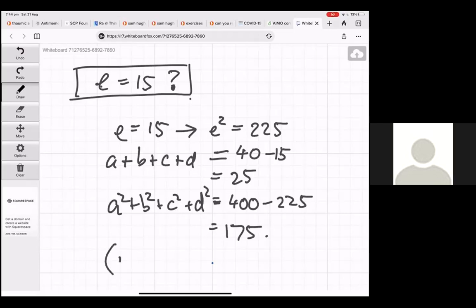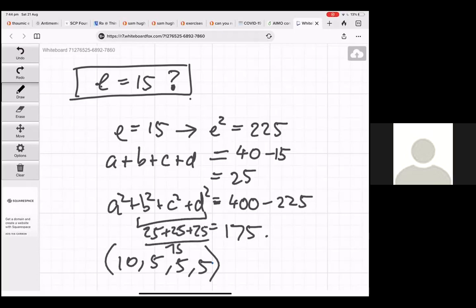And it turns out that 10, 5, 5, and 5 works, because if these three are all 5s, then the squares are 25 plus 25 plus 25, which gives 75, and this is 100. So 175 is what comes out of that, and obviously 10 plus 5 plus 5 plus 5 is 25.